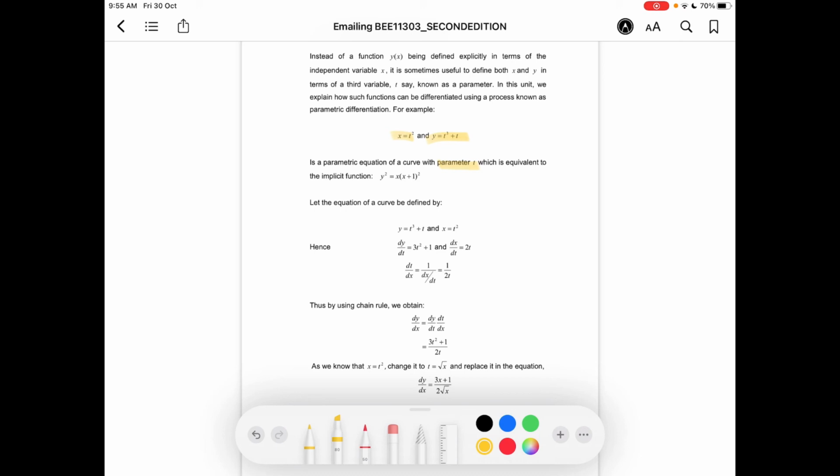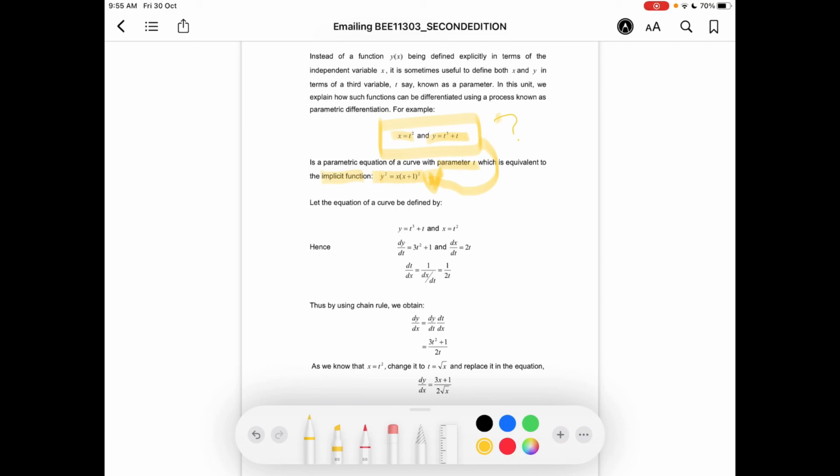It is equivalent to the implicit function y squared equals x times (x plus 1) squared. So how come this function is equivalent to this? That's the big question. It is actually pretty easy.